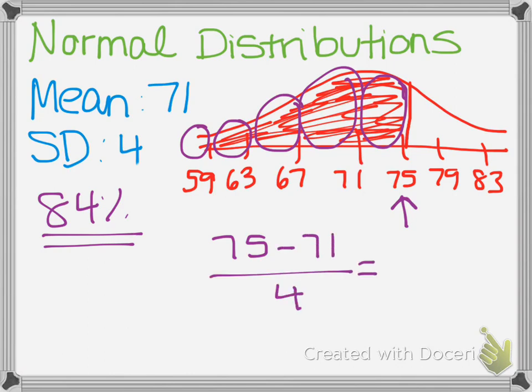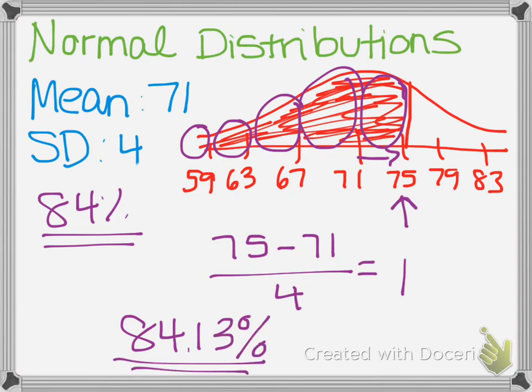When you get that, you're going to get 1. And this makes sense again because we are one standard deviation away from the mean. So in my table, I'm going to go to the positive side at 1.00, and I get 84.13%. Again, both answers are acceptable.